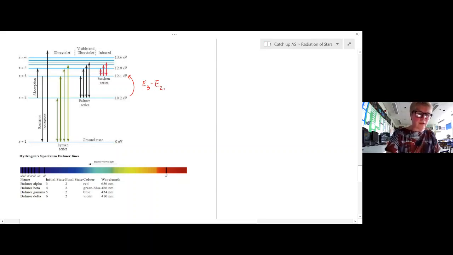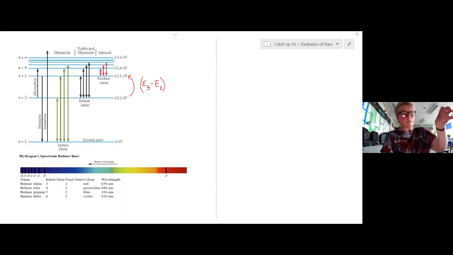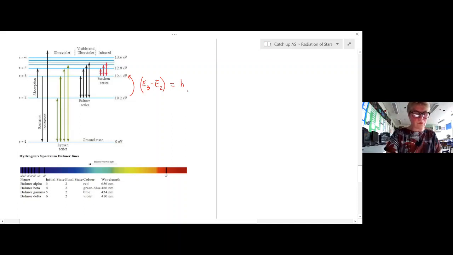You'll often see these as negative numbers, because you have to put energy in to excite them up to a higher energy level, and that will give you Planck's constant times the frequency, the energy of the photon, and then you can use c equals f lambda to work out what the wavelength is. So frequency equals c over lambda, so E equals hc over lambda.